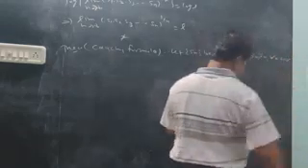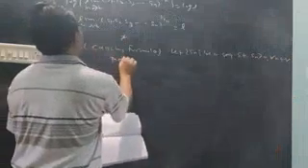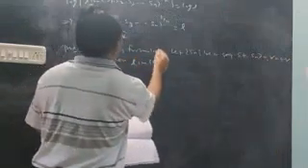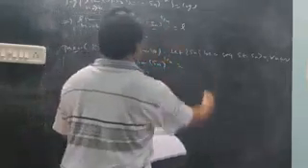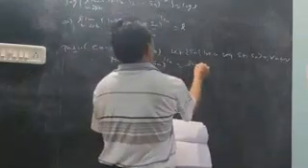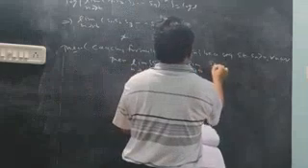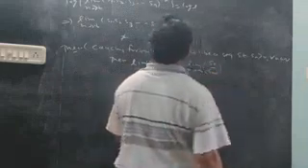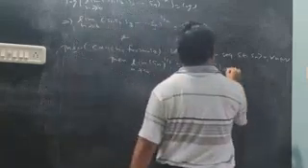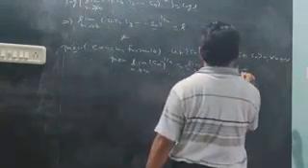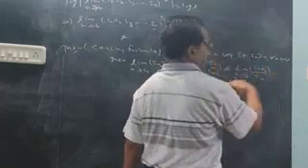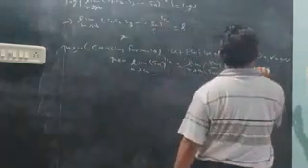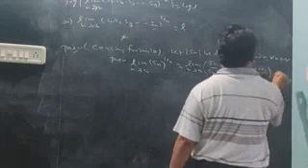Then limit of Sn raised to power 1 by n will be limit of Sn upon Sn minus 1, or it will be applied for limit of Sn plus 1 upon n. n minus 1 then n, 1 times n, n then n plus 1. So this is better in the problems.